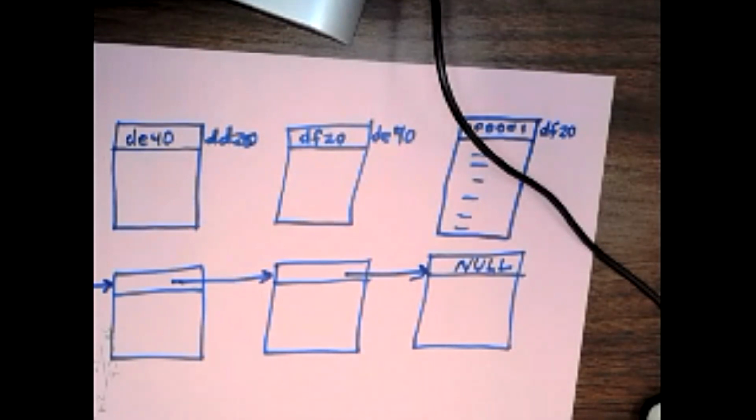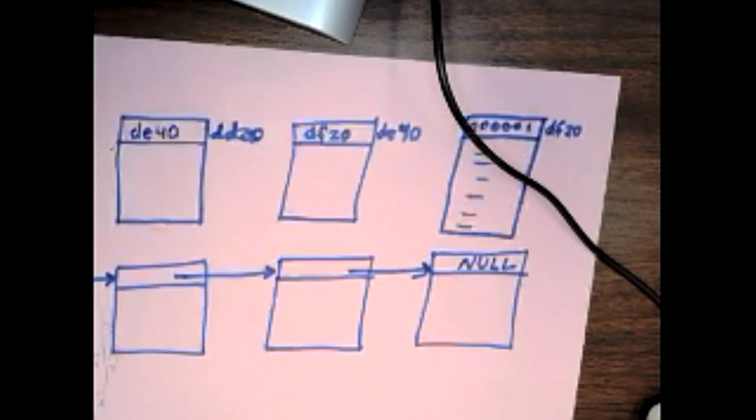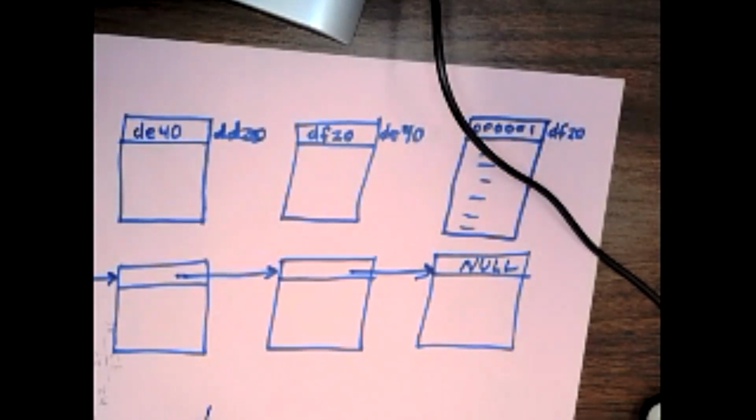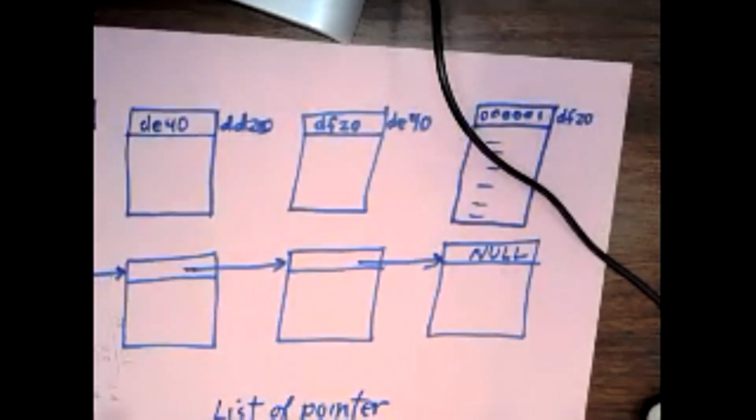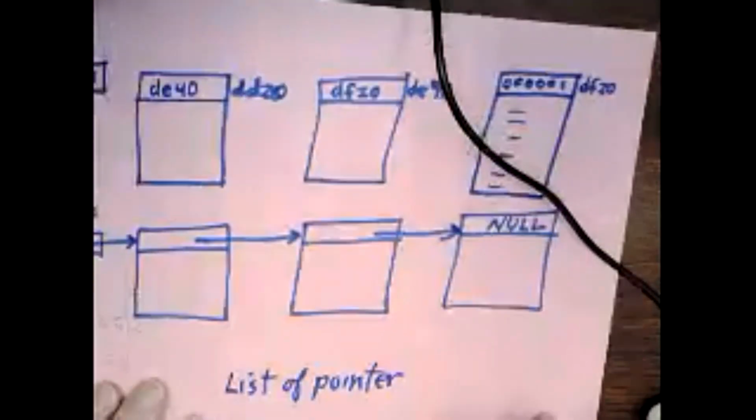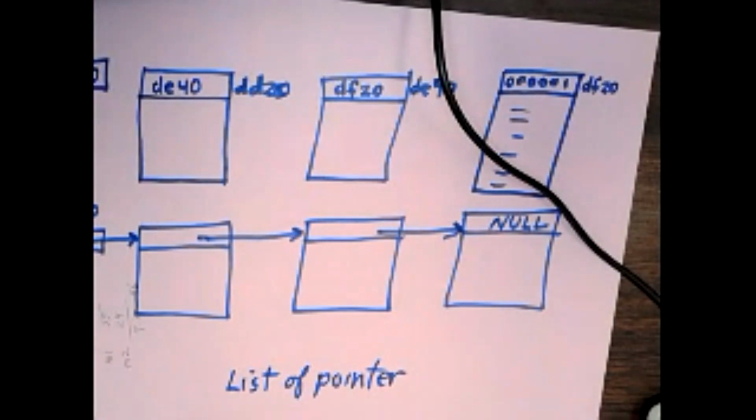Nobody knows. Well, that's a linked list of pointers, a list made of pointers. And that's the data structure some scientists before us decided to use to manage memory when a program is running.